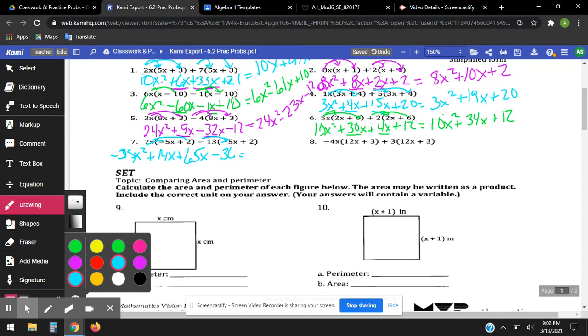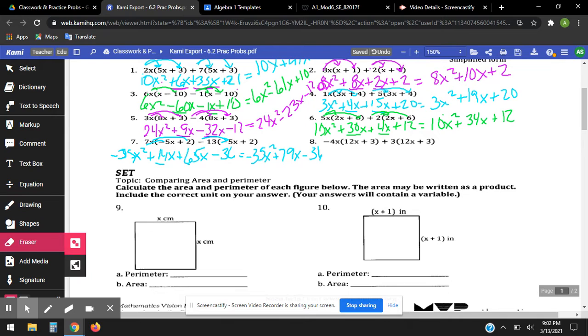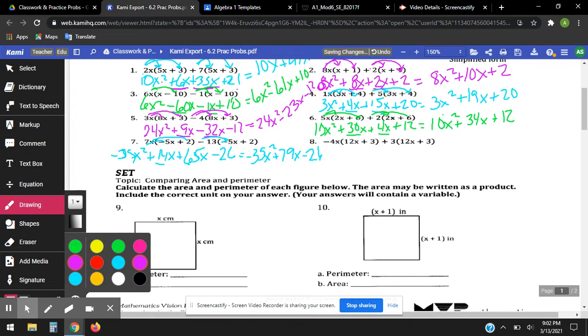So that's going to equal negative 35x squared plus, that's 79x minus 36. Oh, wait a minute. Not 36. 13 times 2, 26. There we go.